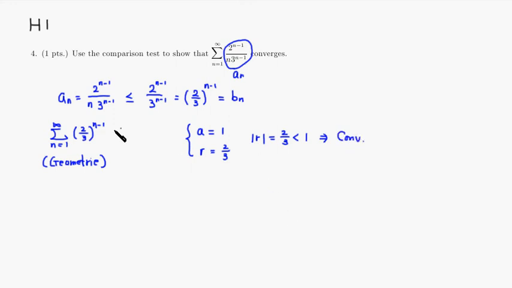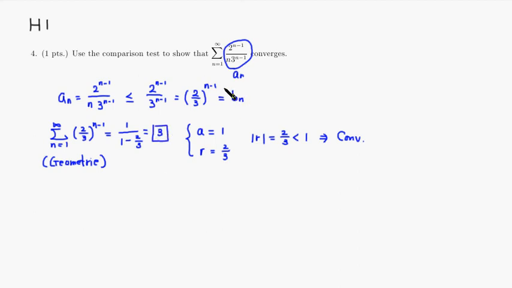We even know the sum is going to be a over 1 minus r, so that's 1 over 1/3, which is actually 3. But anyway, we don't need to find that.